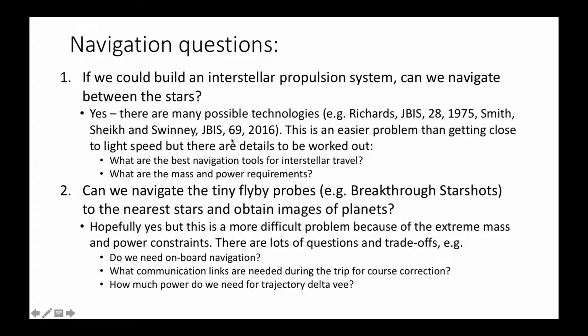Currently, deep space probes have different ways of navigating, but one of the ways they do it is with communications back and forth, ranging between the Earth ground stations. Obviously, that's not going to be possible if you're in interstellar space.